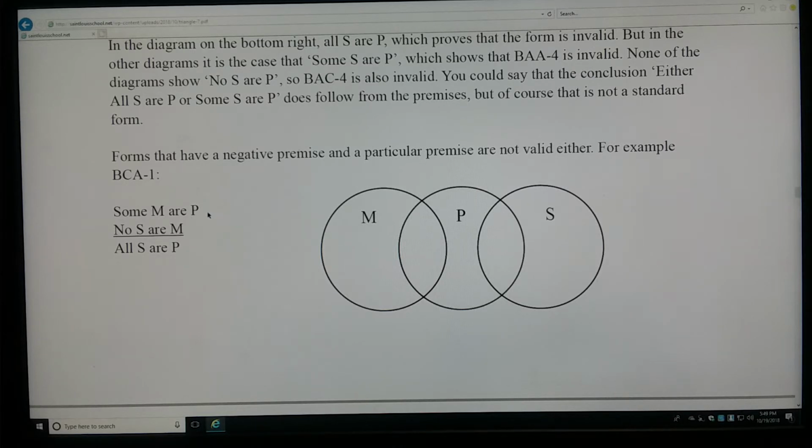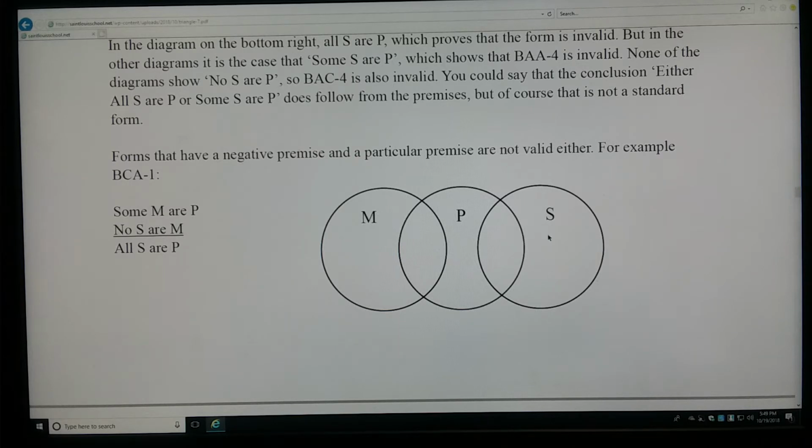So in this case, we have one particular premise and one negative premise, but the diagram is going to look similar. So some M are P. Okay, once again, we're assuming for this particular diagram that they are just overlapping classes. So some M are P. And then no S are M. Well, that's true. S and M do not overlap. And then our conclusion is all S are P.